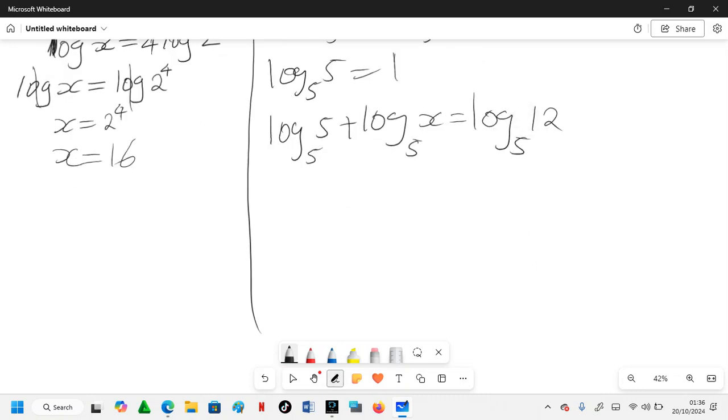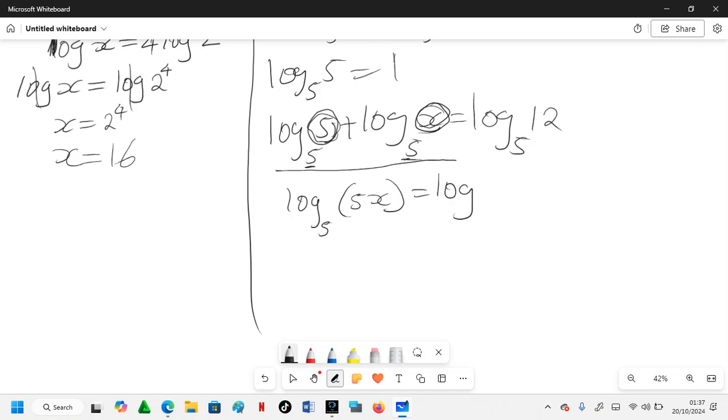I'm going to combine these two so that we have log to base 5 of 5 times x. Remember, log of this plus log of this, and the bases are the same. It's just like the log of this times this. That's what I'm doing. All right, 5 times x is 5x, is equal to the log to base 5 of 12.